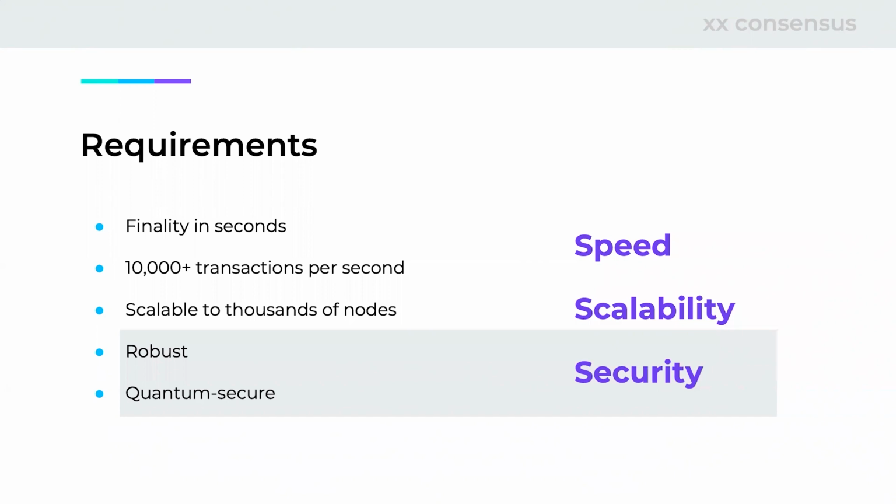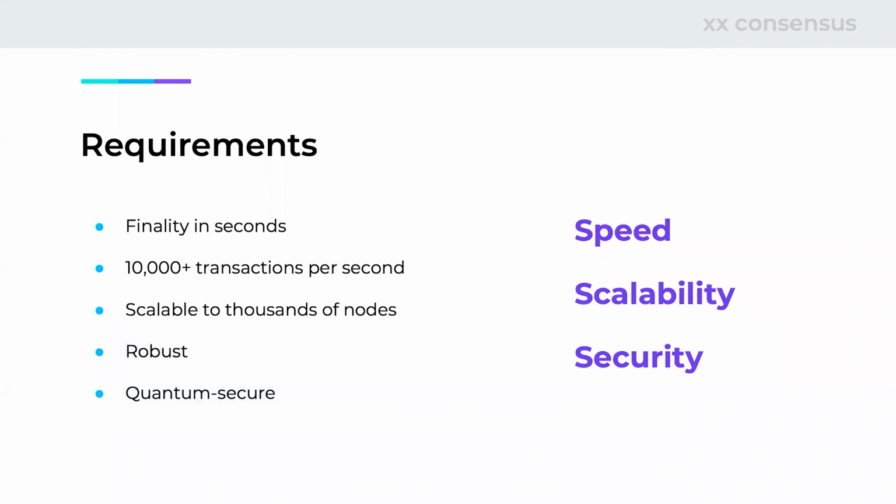And Mario already touched on quantum security and its importance, but it's also important to note that post-quantum crypto is generally pretty unwieldy, and that's because the signatures are much larger and can only be used once. Because of this, you cannot retrofit existing platforms to be quantum secure without introducing some major performance issues. So consensus should be designed with quantum security in mind, and that's kind of what we've done here.